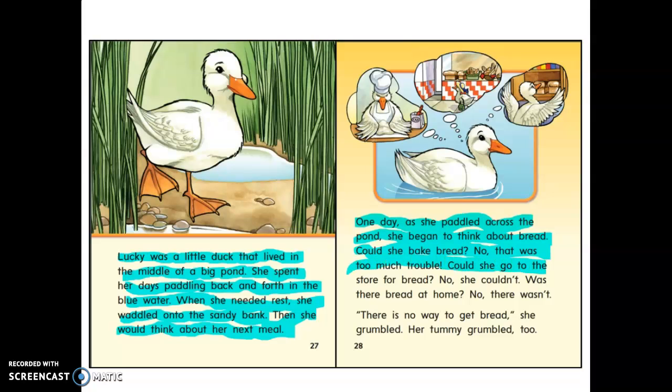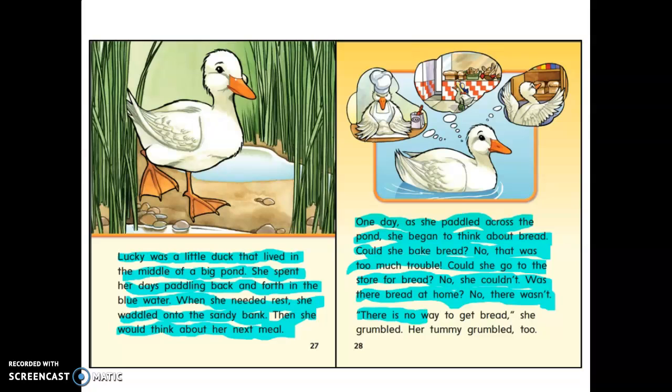Could she go to the store for bread? No, she couldn't. Was there bread at home? No, there wasn't. Think about it. Why can the duck not make her own bread? And why can she not go to the store to get her own bread? What do you think? Okay, let's keep reading.